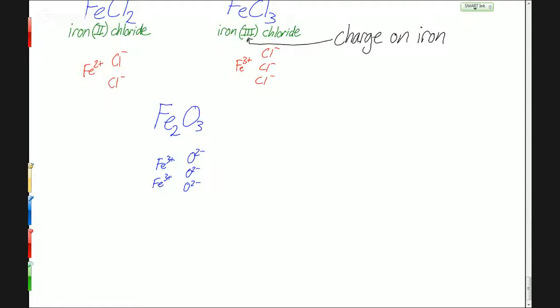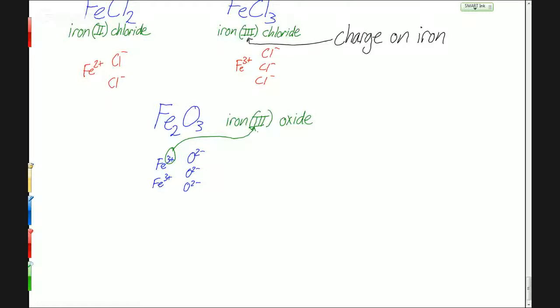So that means that this one's going to be named iron(III) oxide. The 3 in parentheses is the charge on the iron. So that 3 plus, that gives you this 3.